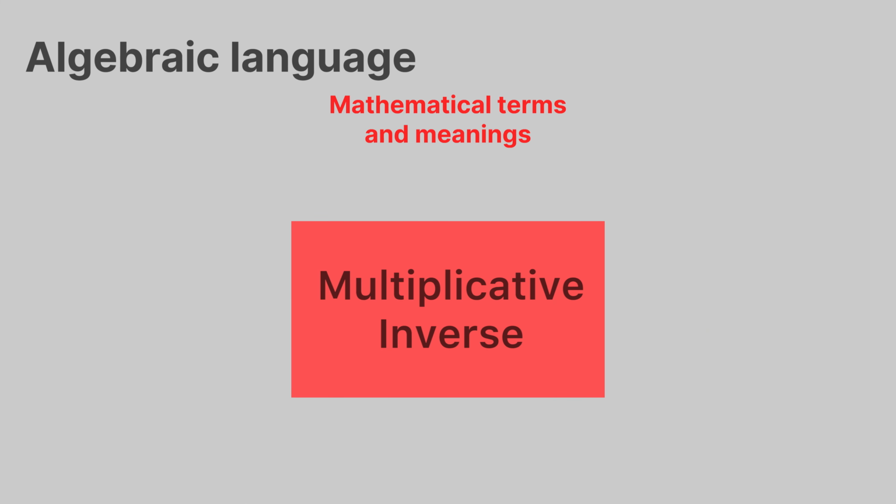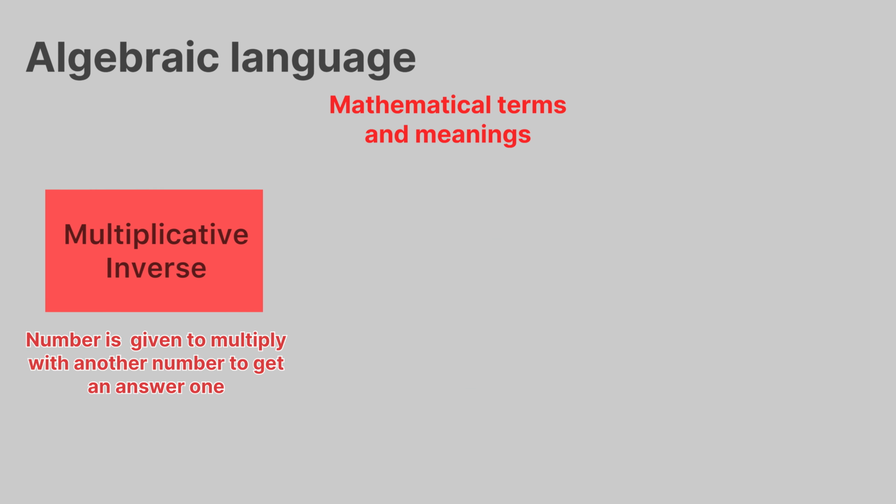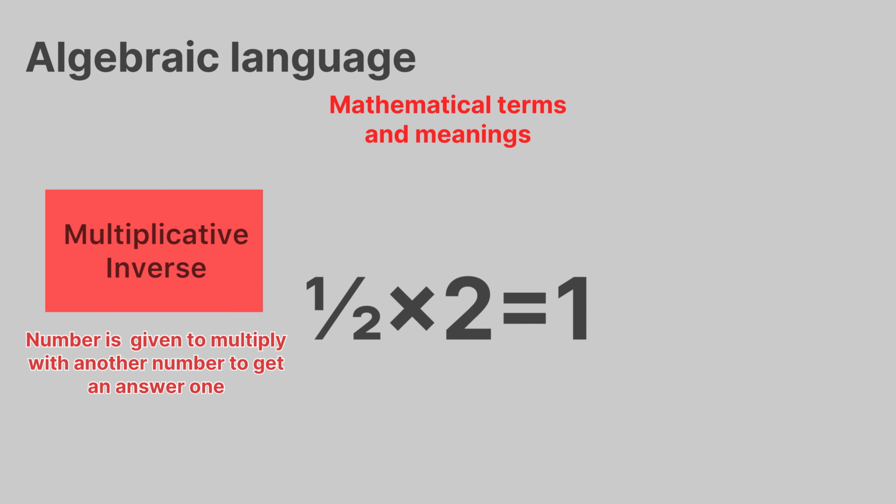And then multiplicative inverse. Multiplicative inverse is a number that is given to multiply with another number to get an answer of 1. An example, if I multiply 1 over 2 by 2, my answer will be 1. Then a multiplicative inverse here will be 1 over 2.